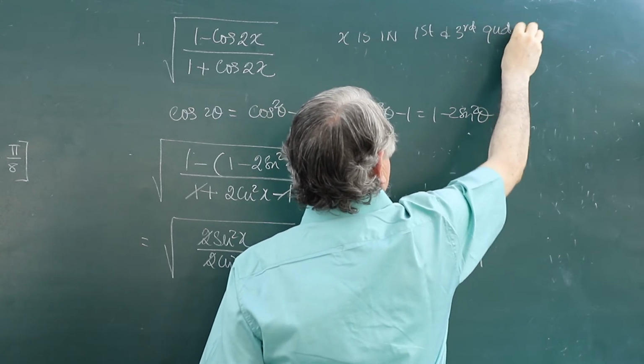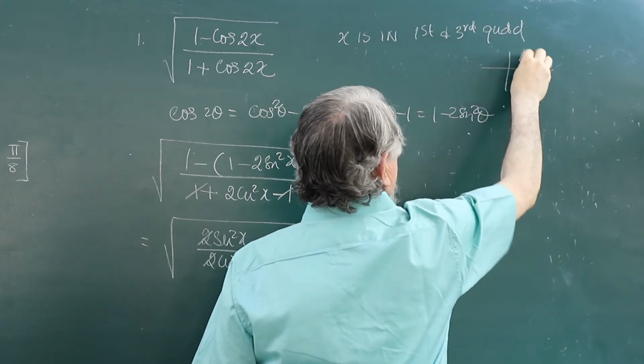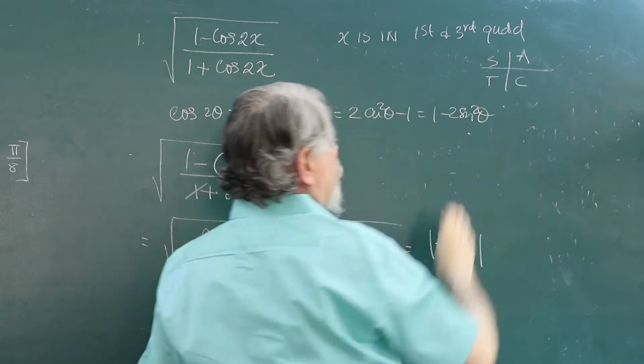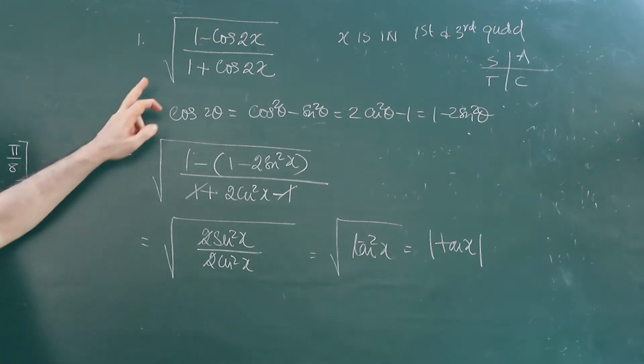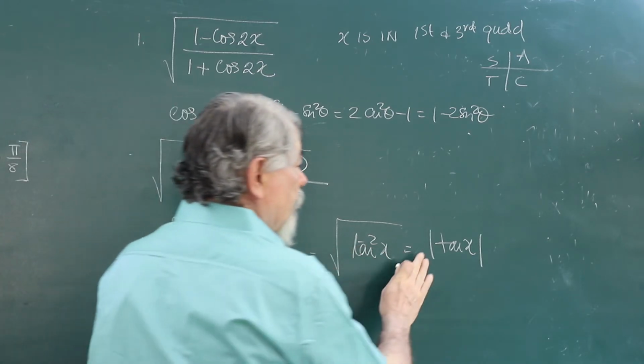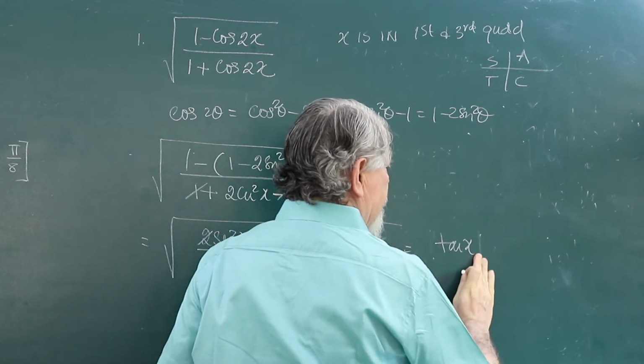So tan is 'add sugar to coffee': tan is positive in the first and third quadrant. It has to be positive, so that is why we are taking only the positive value.